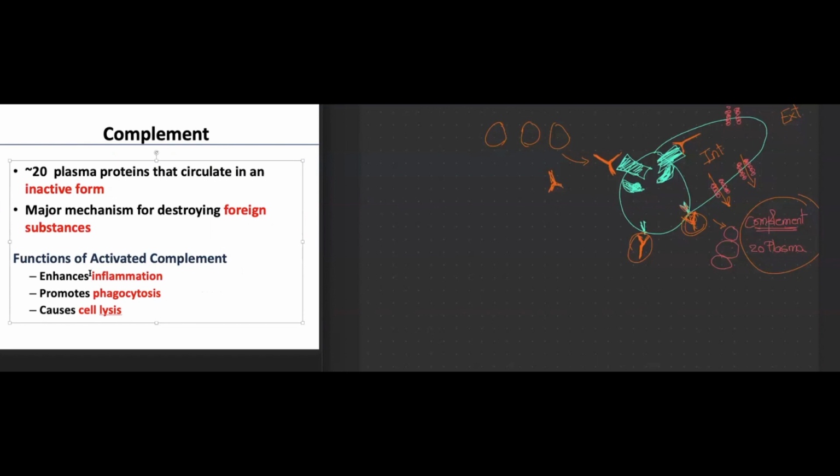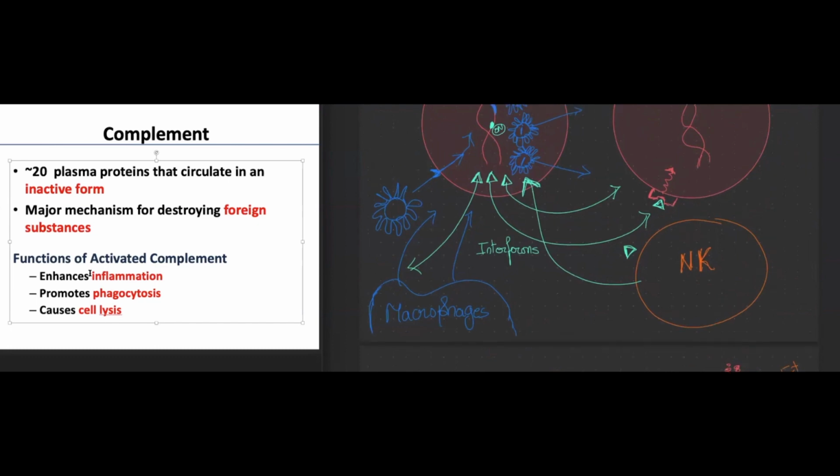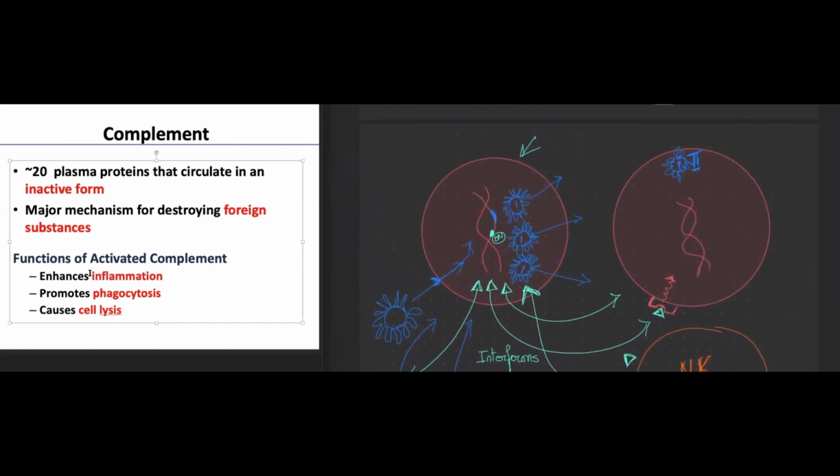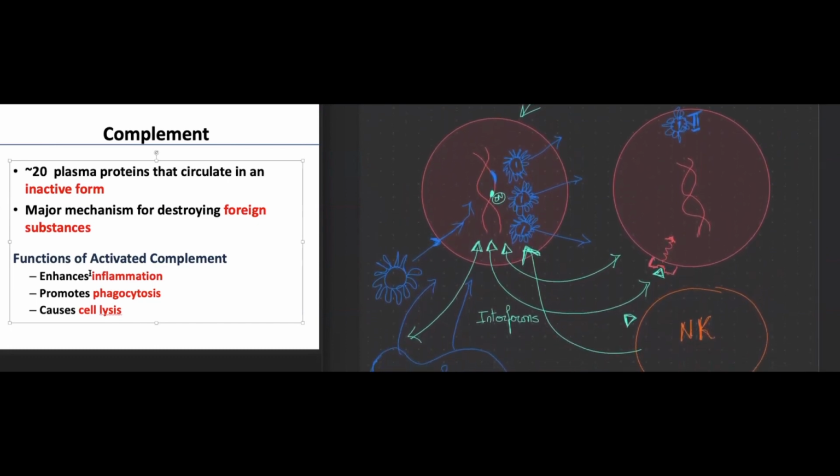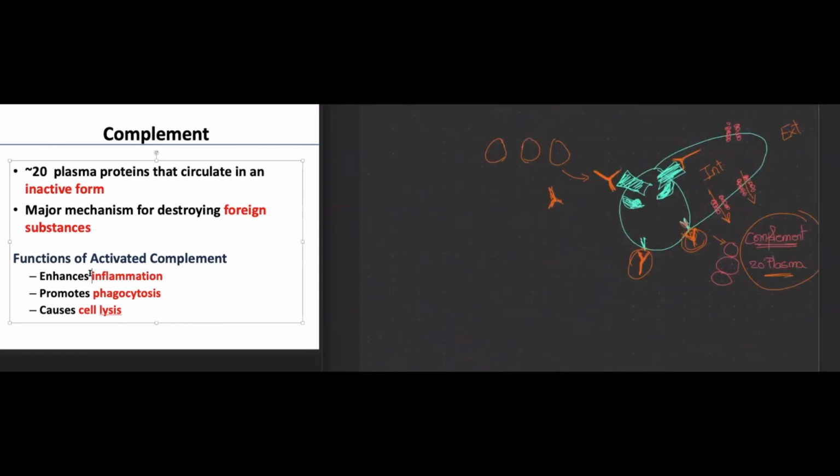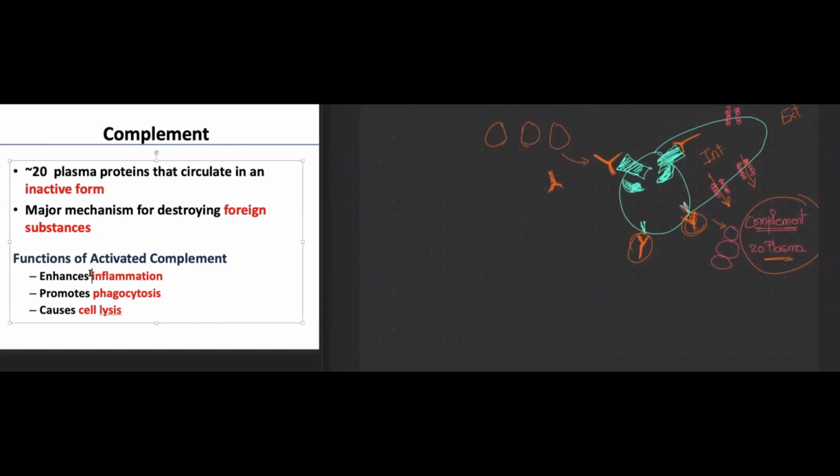Like any other immune response, like any other immune cell, I'm trying to recruit as many immune cells as possible to come and help me get rid of the infection. So complement, like the interferons, like the natural killer cells, like the macrophages, will induce inflammation.